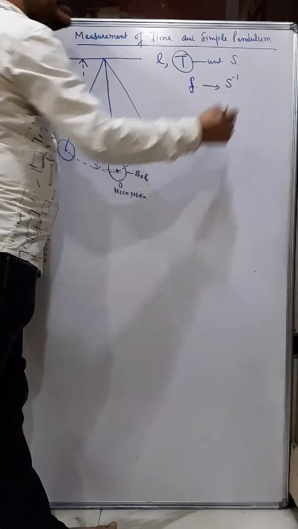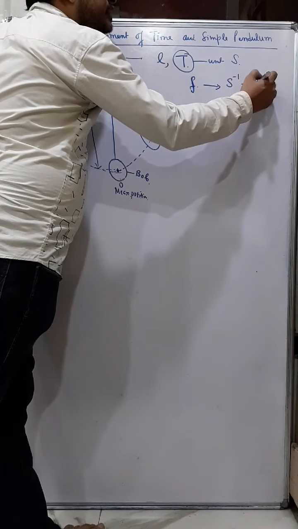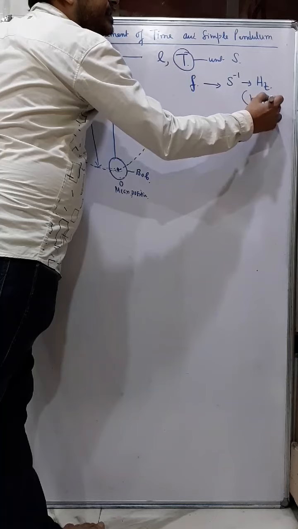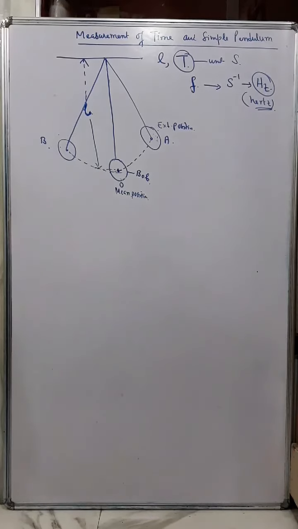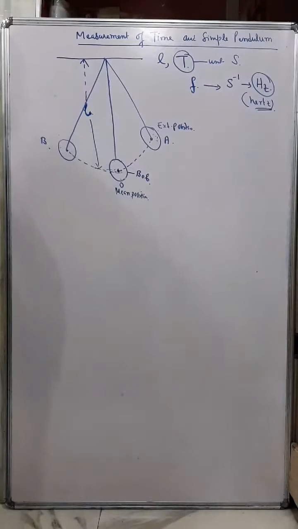The unit of frequency is per second, second to the power -1, and generally we term it as hertz. Hertz is the name of the scientist, and the symbol is Hz: capital H, small letter z.